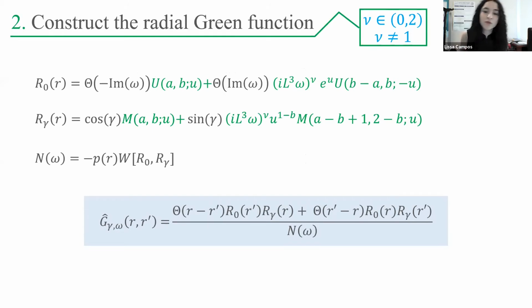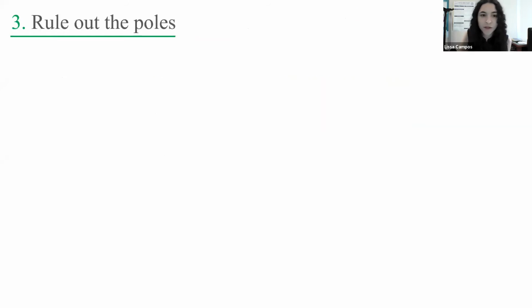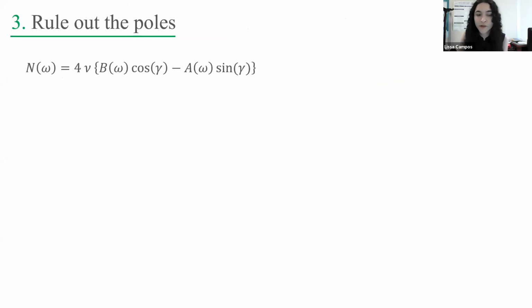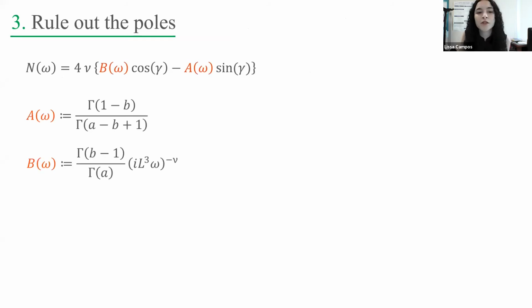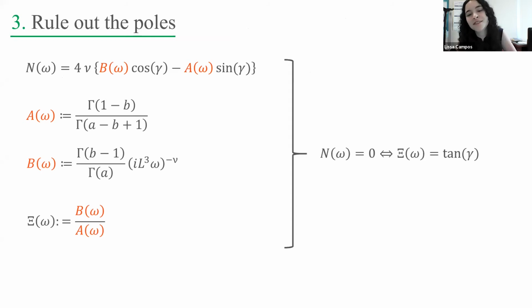Now, what we have to do is rule out the poles of the radial Green function. Because this function, N of omega, the normalization, depends on the frequency, and it can be 0 for certain values of gamma of the boundary condition. Here gamma parameterizes the boundary condition. We can define an auxiliary function, this xi, and the normalization is 0 when xi equals the tangent of gamma.